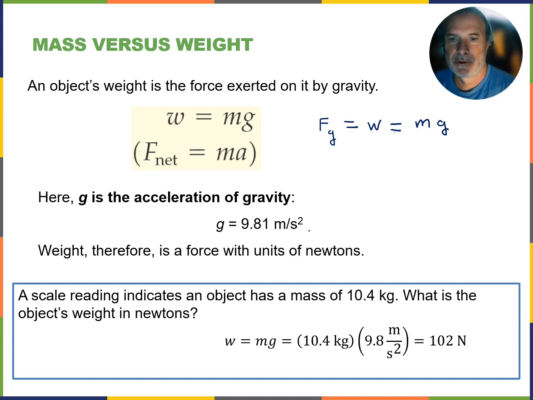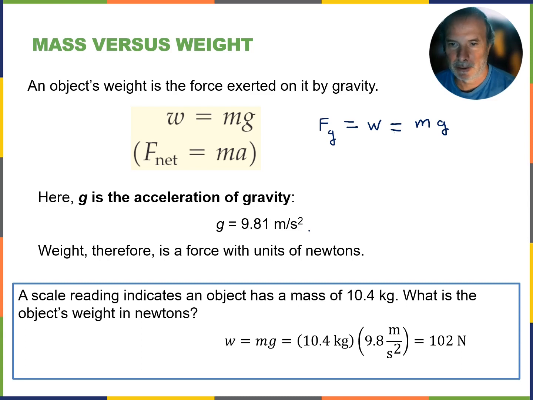So for example, if you have an object that you weigh and your scale tells you the object's mass is 10.4 kilograms, what is the object's weight? If I weigh an object and you ask me, hey, what's the weight of the object? I'll probably tell you 10.4 kilograms. But technically, in physical science, the weight really is the object's mass times acceleration due to gravity.